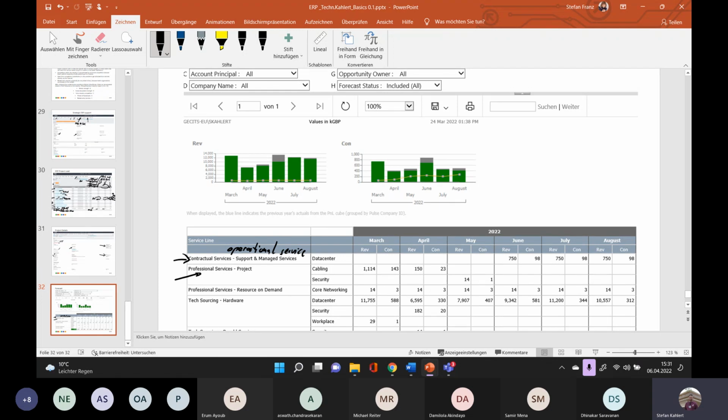Professional service is if you do certain things like cabling or you implement security and you hire certain technicians who do a task. So this is project work, also known as build. So you implement something. Then you see here resources on demand.